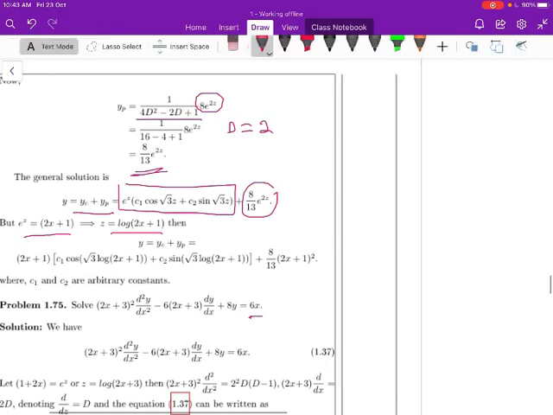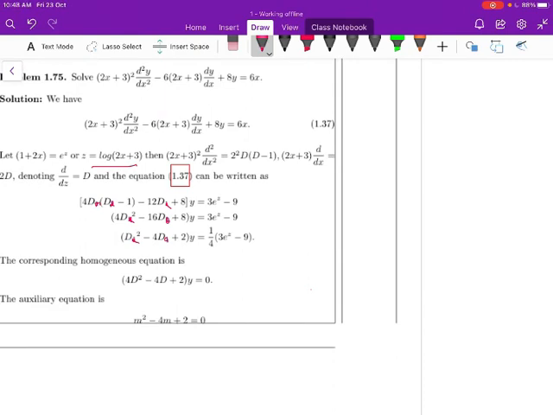So e power z is nothing but 2x plus 1, into c1 cos of root 3 log of (2x plus 1), because z is equal to log of 2x plus 1, plus c2 sin of root 3 log of (2x plus 1), plus 8 by 13 e power 2z. E power z is 2x plus 1, so e power 2z is (2x plus 1) whole square. This is the particular term, where c1 and c2 are the arbitrary constants.